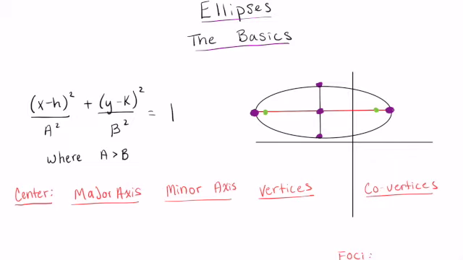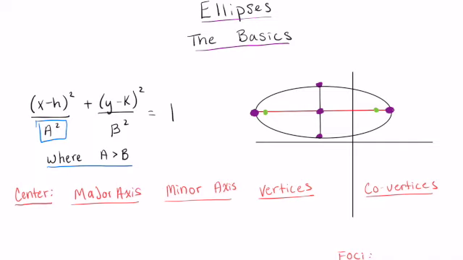And all of that starts in this right here. For the two formulas that we're going to look at, we are going to assume that A is bigger than B. And what that means is that A is my greatest denominator. So the location of our greatest denominator is what determines if I have a horizontal or a vertical ellipse.